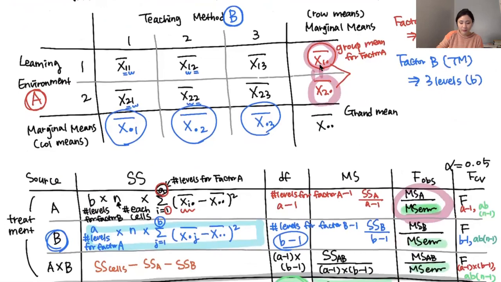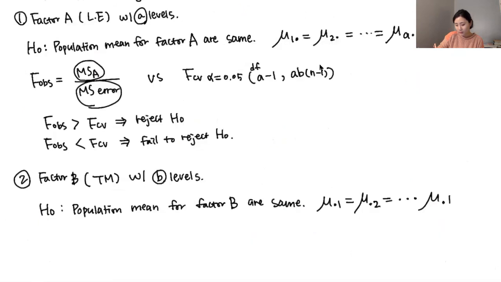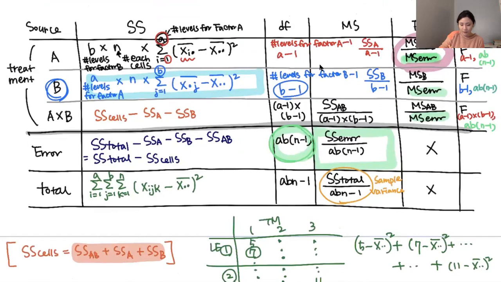To make the null hypothesis possible, we need to say these three column means are equal, X dot j bar. So I can write this mathematically as mu dot 1 equals up to mu dot B, because we have B levels.